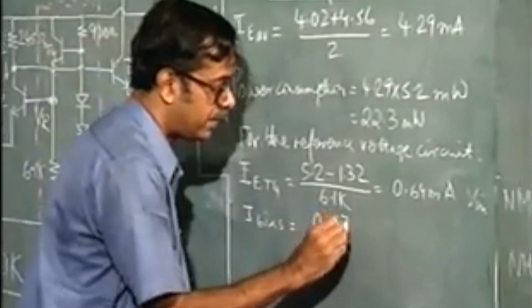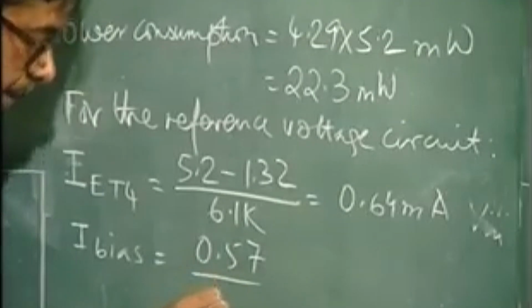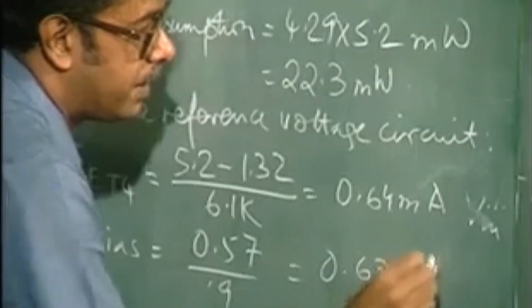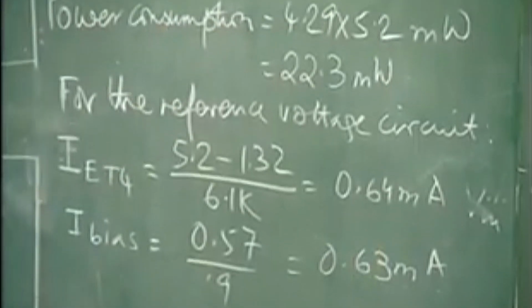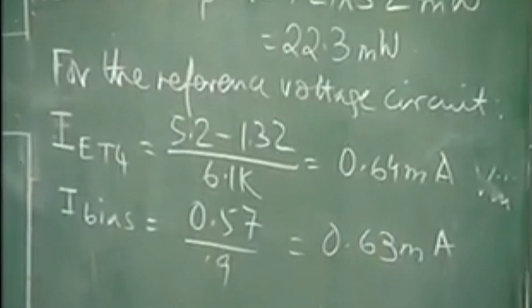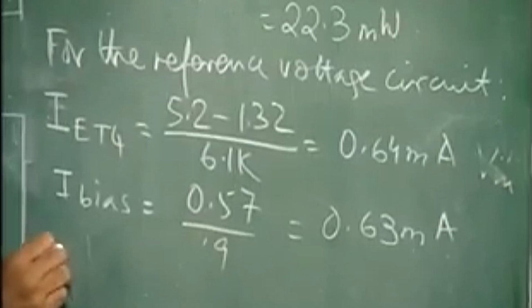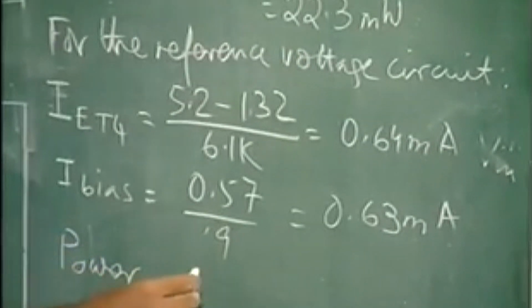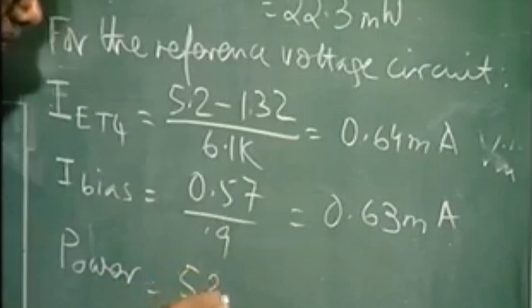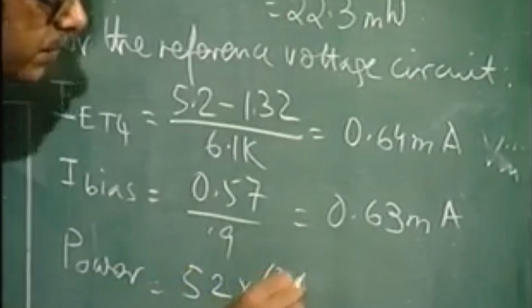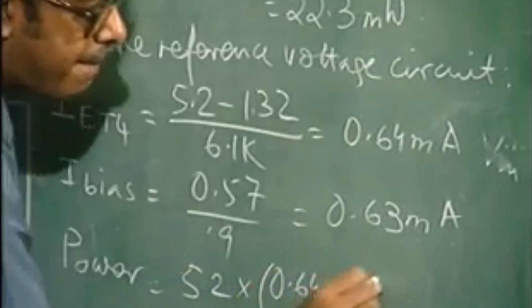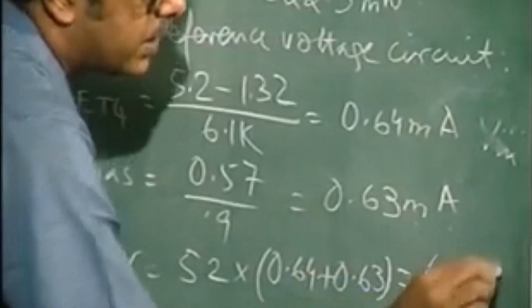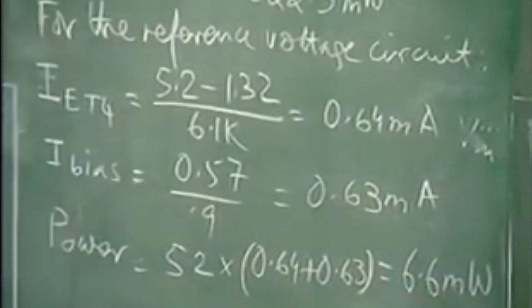So, 0.57 divided by 0.9 K, so this is 0.63 milliamperes. So, the power consumption is 5.2 volts into 0.64 plus 0.63, which is equal to 6.6 milliwatt. We just make this calculation.